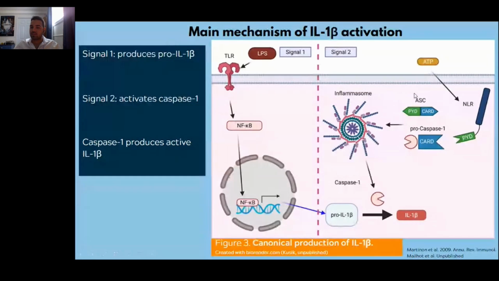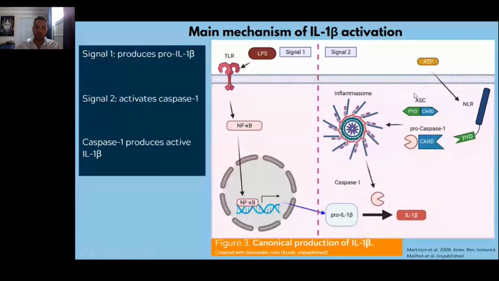Once the inflammasome is formed, it will activate caspase-1, which will in turn cleave the immature form of IL-1 beta into its mature and active form. Thus, we can see that ASC is a central protein which allows the formation of the inflammasome and production of active IL-1 beta.